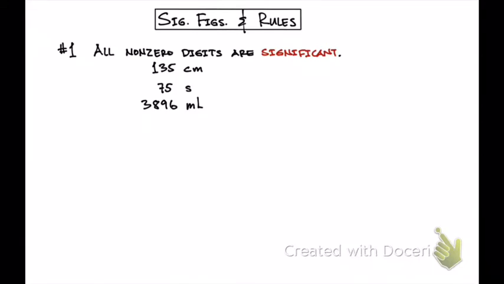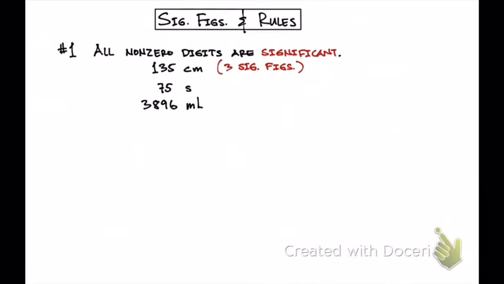How many significant digits are there in this measurement? Well, they're all non-zero digits. And so every single digit in this measurement is considered significant. And so 135 centimeters contains 3 significant digits or sig figs. All right. For the next one here, let's say you're timing an experiment and you got 75 seconds.